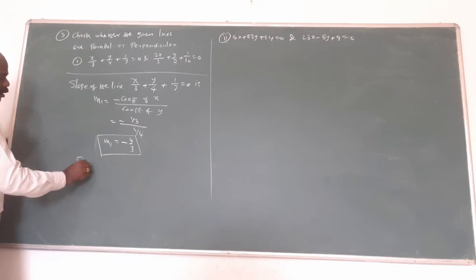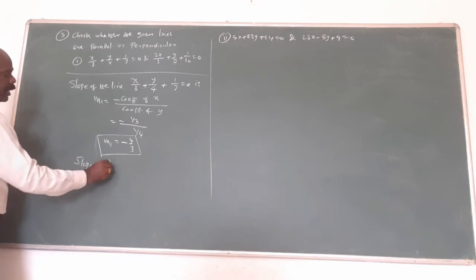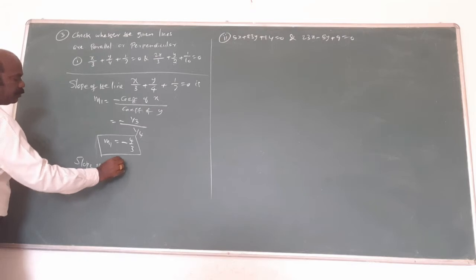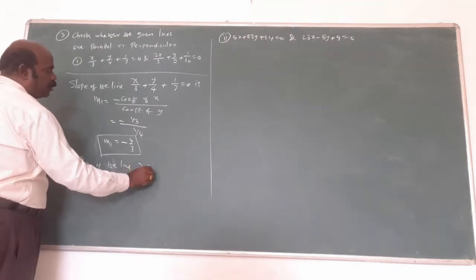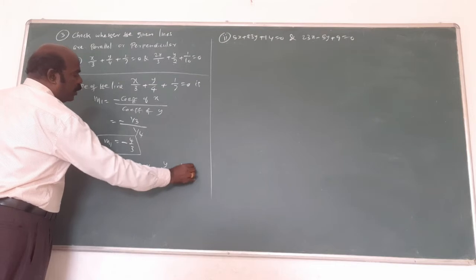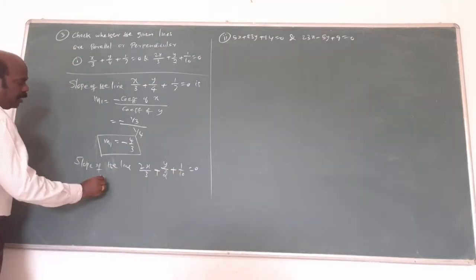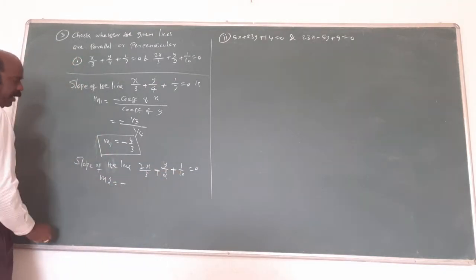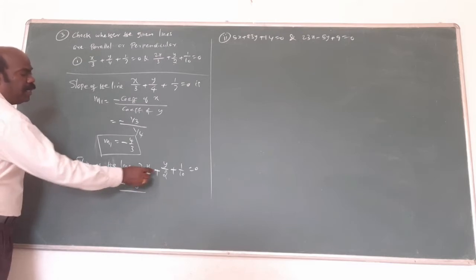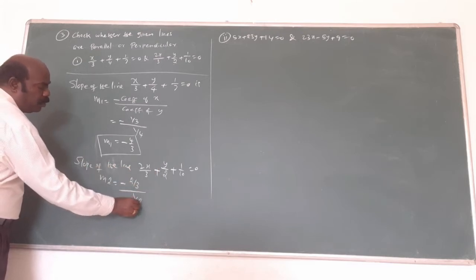Similarly, the slope of the second line, 2x by 3 plus y by 2 plus 1 by 10 equal to 0, is m2, using the same formula: minus the coefficient of x, 2 by 3, divided by the coefficient of y, 1 by 2.